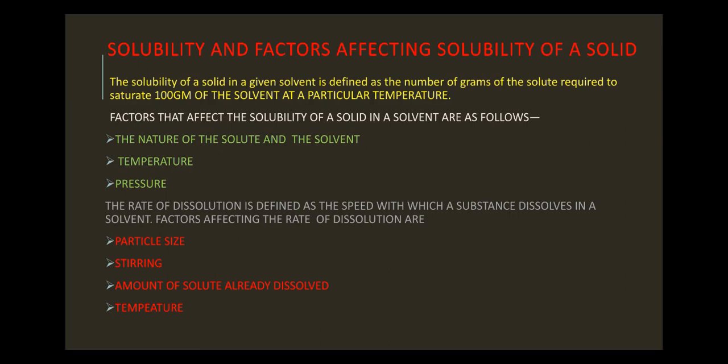Amount of solute already dissolved: if there is already some solute dissolved in the solvent, then more solute will take longer to dissolve. And fourth is temperature. If there is an increase in temperature, the rate of dissolution will also increase. So this is all about solubility and the factors affecting the solubility of a solid.